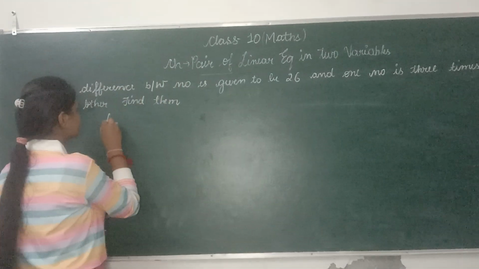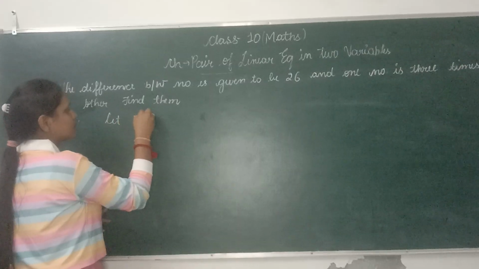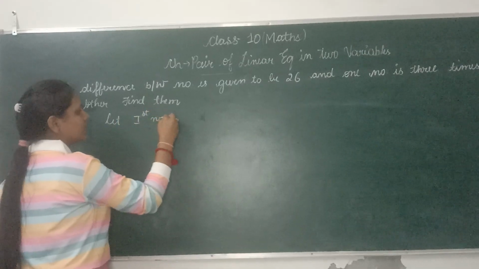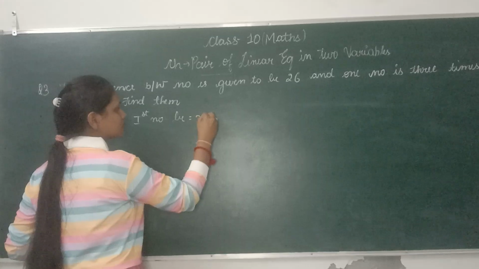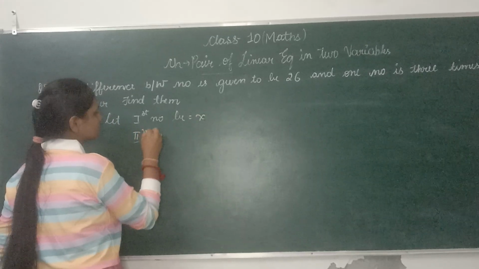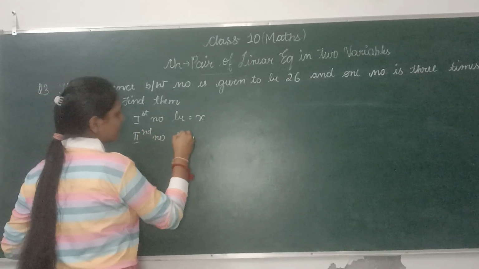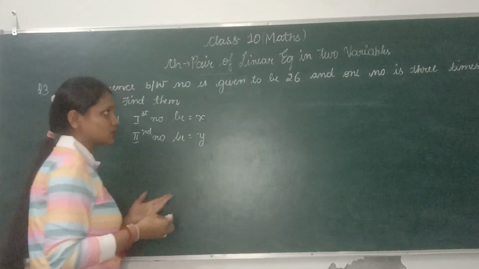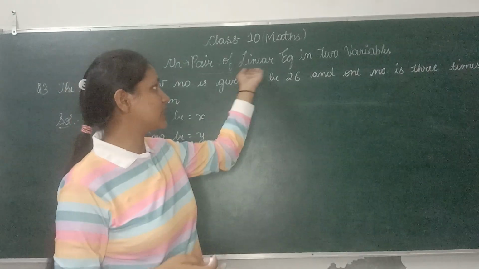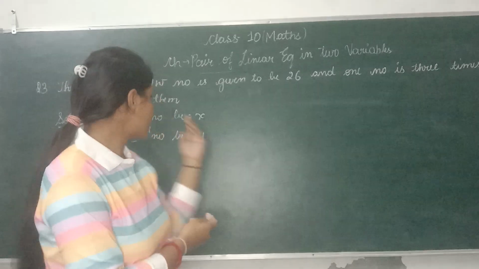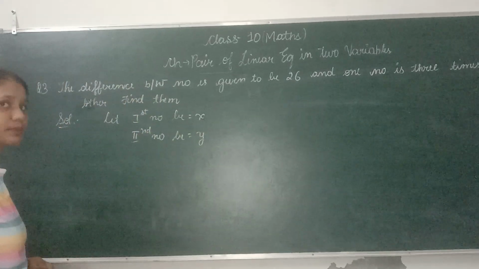Suppose let first number be x and second number be y. So we are doing the chapter linear equation in two variables. So first number is x and second number is y.